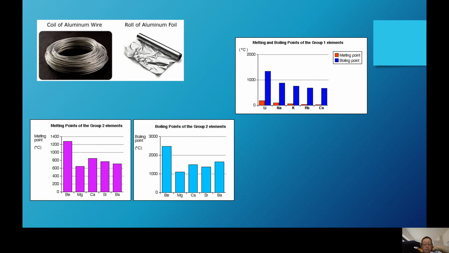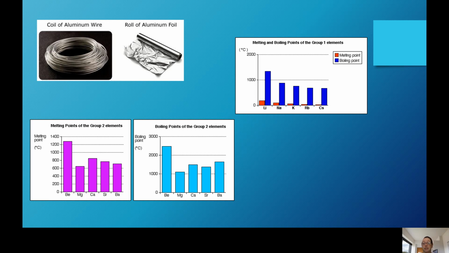Okay, so the reason for the difference between the melting and boiling points is that if a metal is melted, those electrons can still move freely between those already energized cations. But if you boil a metal, then you are forcing those electrons to go back to their original state of not being delocalized, because those gaseous metal atoms are moving too fast to support that delocalized state.